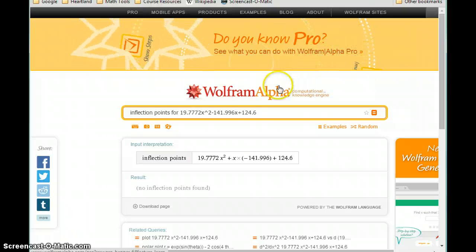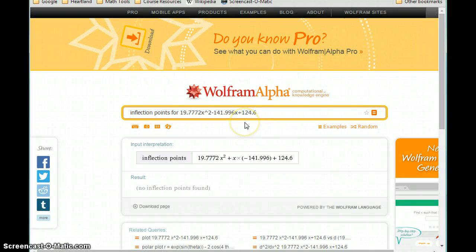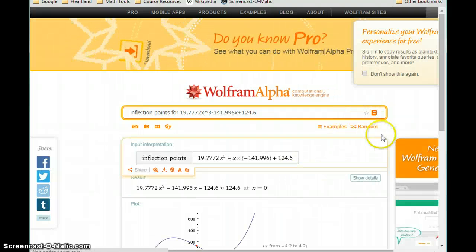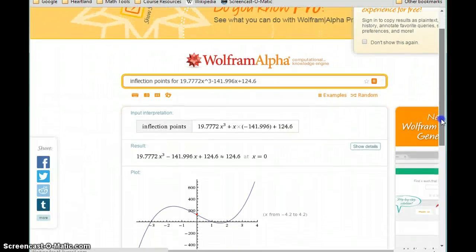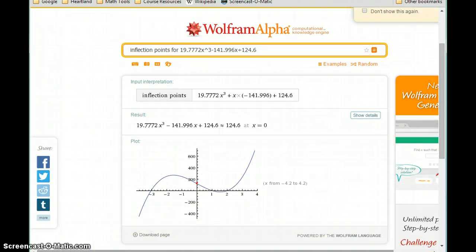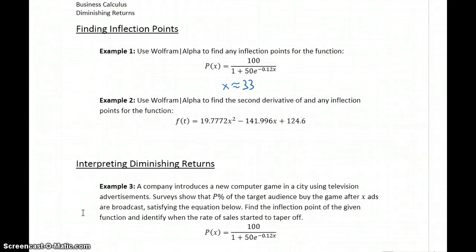And no inflection points were found, which means I probably have a typo in my entry here. And it looks like I do. Instead of this being x squared, that should have been an x cubed. So correcting this, it should be x to the third power, which gives us an inflection point at x equals 0.